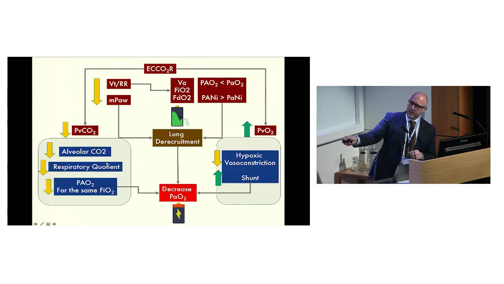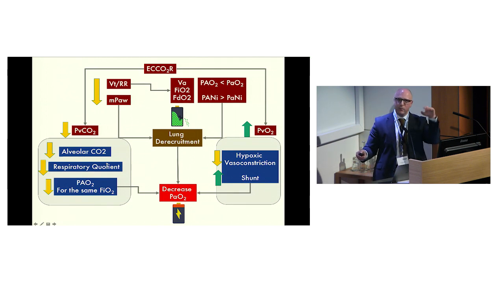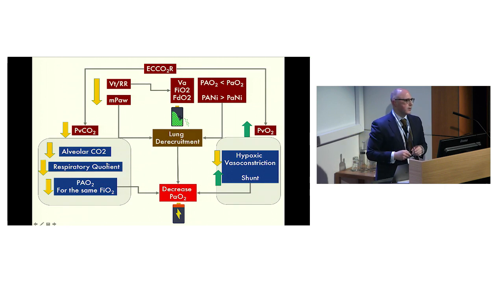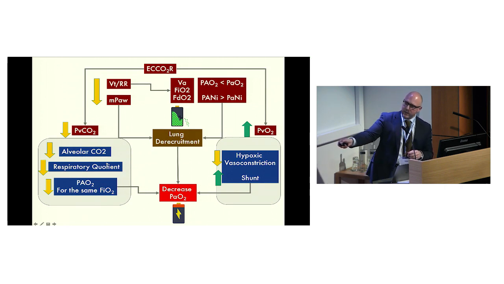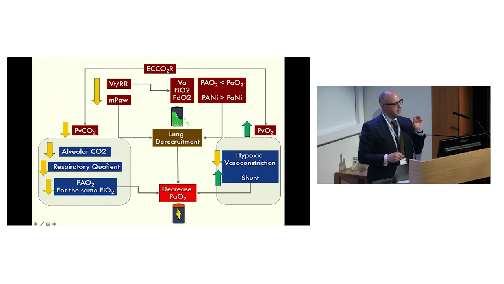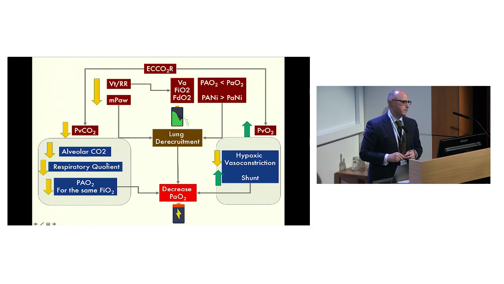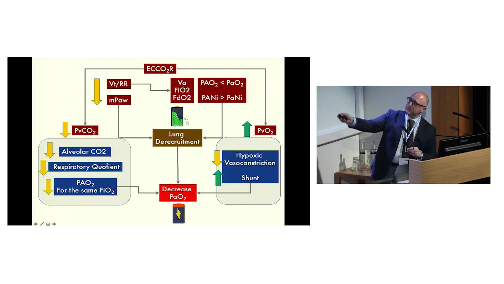In other words, the lower is the CO2 that goes into the alveoli or perfuses the alveoli, the higher is the respiratory quotient. Therefore, the lower is the pressure of oxygen in the alveoli. As a consequence, for the same FiO2, the PaO2 is down. Okay, so this is important.